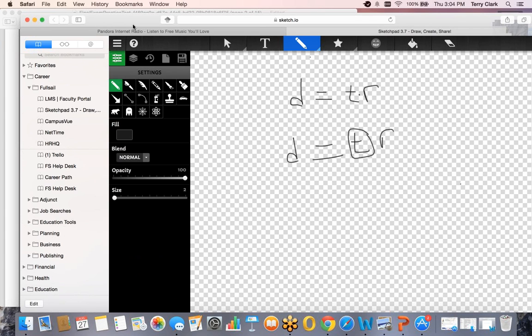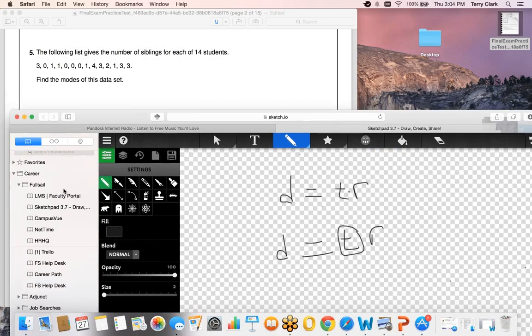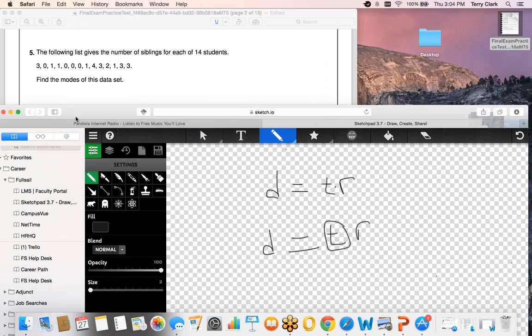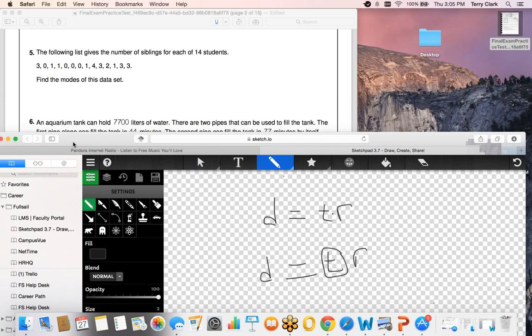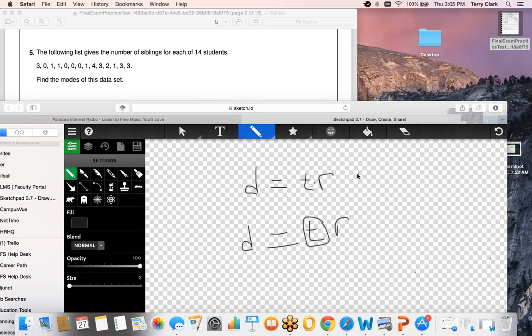So what we're going to do is put in the information we know, and then figure out the rest. We do know the distance in this case, and the distance is not really a distance, it's a quantity. So instead of saying it's a DTR problem, we could say it's Q equals TR, T times R. But we get the gist of it.